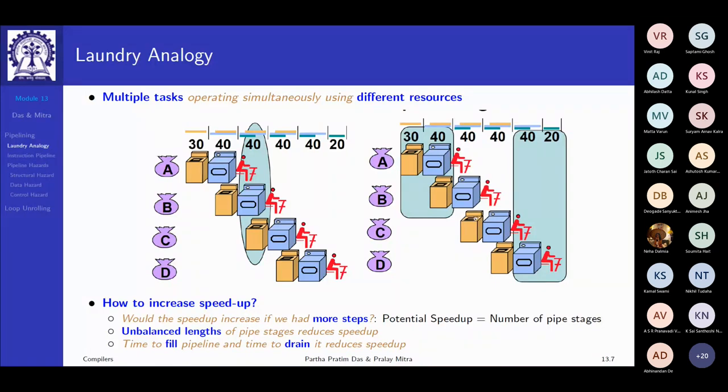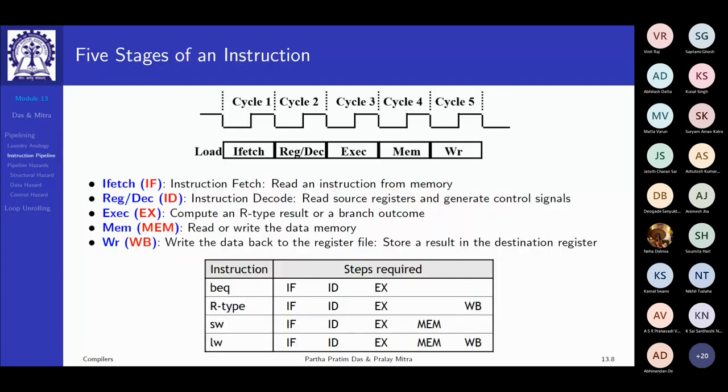So if you have a smaller number of tasks, then naturally the overall throughput will get impacted by the share of time you use in filling up the pipeline and draining the pipeline. But for a larger number of tasks, that part will start getting insignificant. Right? So these are some of the basic ideas. That analogy, which I'm sure you knew already, is just to get us to the basic ideas.